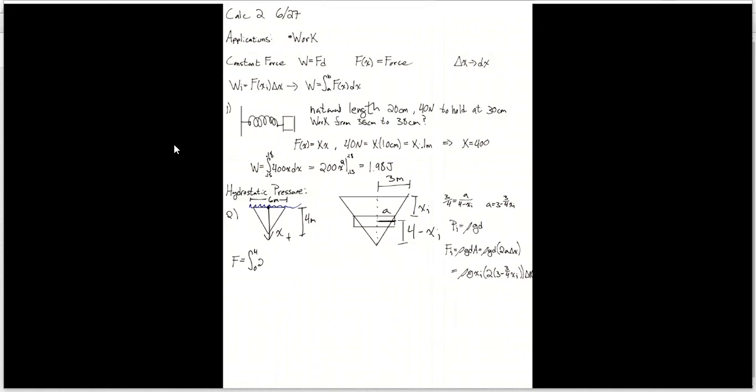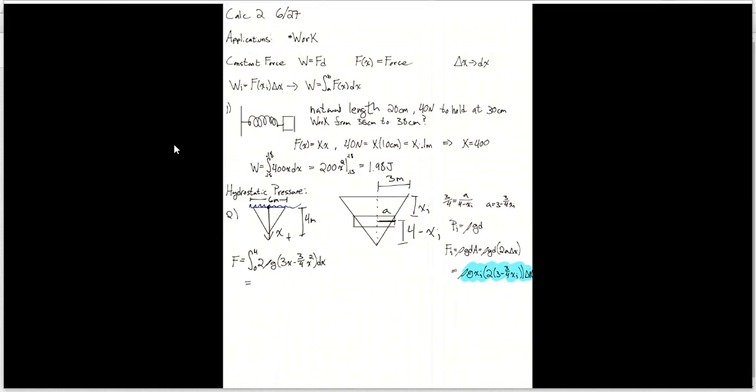And then we've got 2 rho g, and I'm going to keep those as constants until the very end. And then if you bring in that x from the previous line from this guy over here, we've got 3x minus 3/4 x squared dx. So that delta x becomes our dx, right?